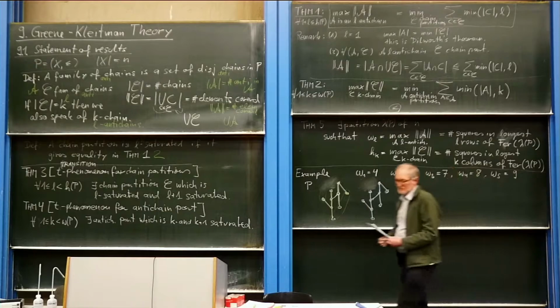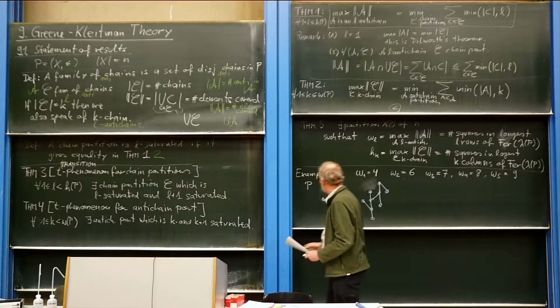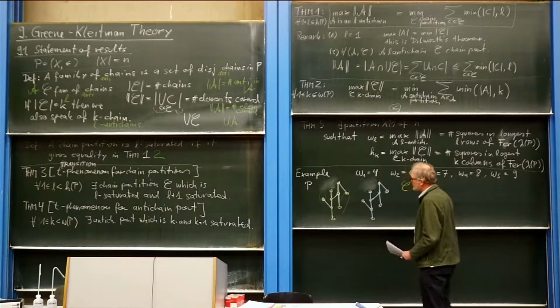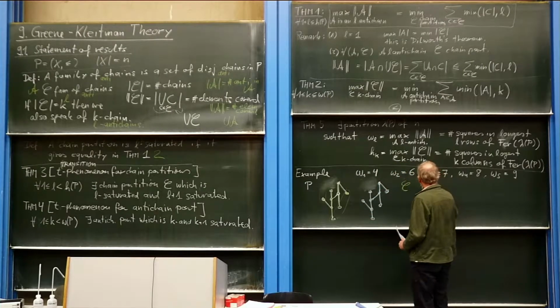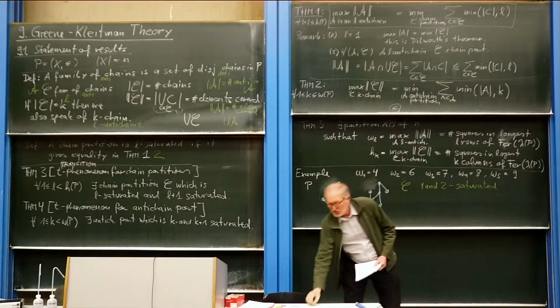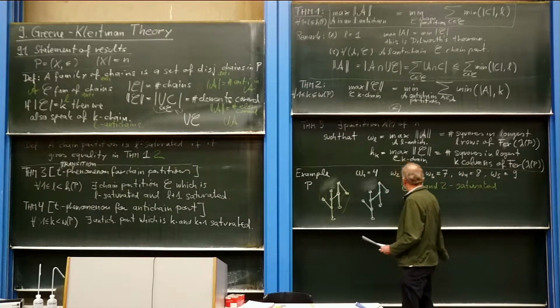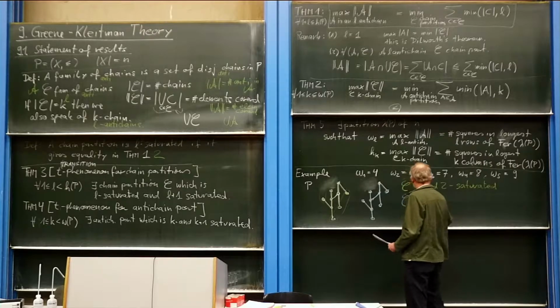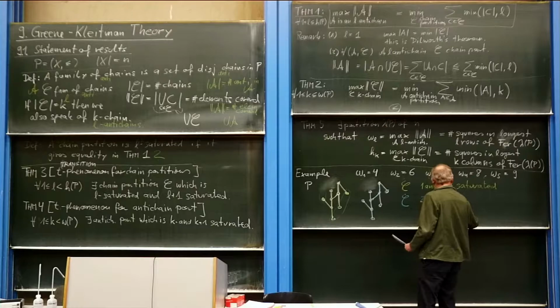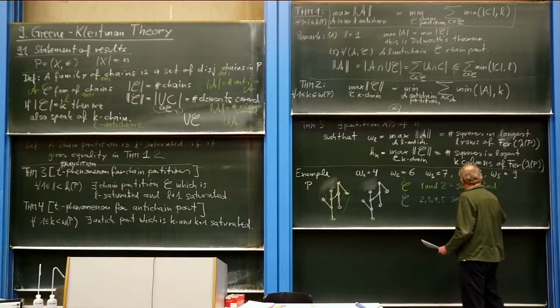And this green chain partition is 1 and 2 saturated, and the blue chain partition is 2, 3, 4, and 5 saturated.